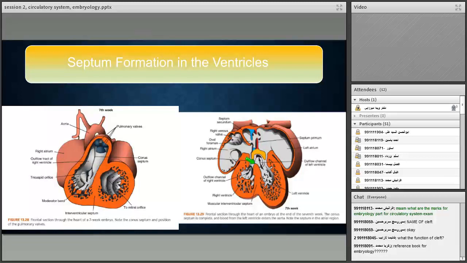The membranous part of the interventricular septum is formed by the endocardial cushions, which are placed in the atrioventricular canal and are forming the atrioventricular valves, tricuspid and mitral. Okay? They are also growing downward, forming the membranous part of the interventricular septum and fusing to the muscular part.